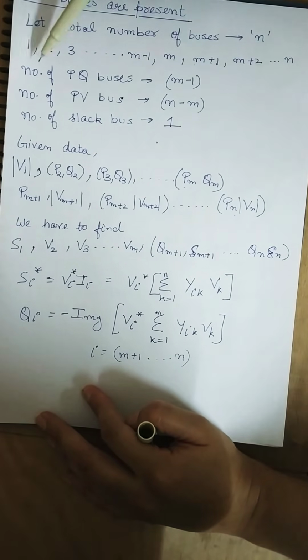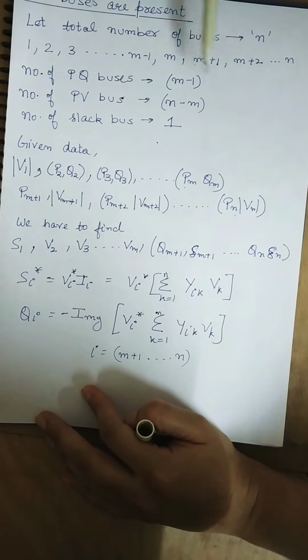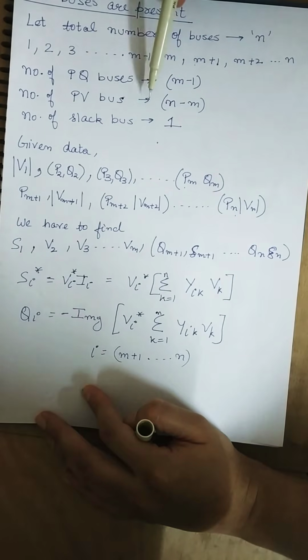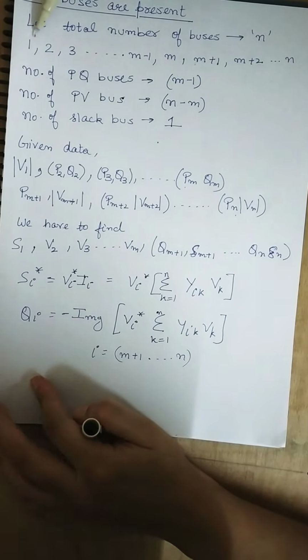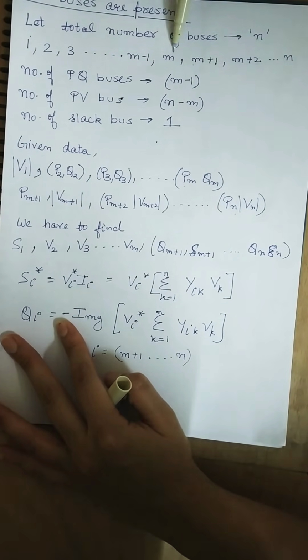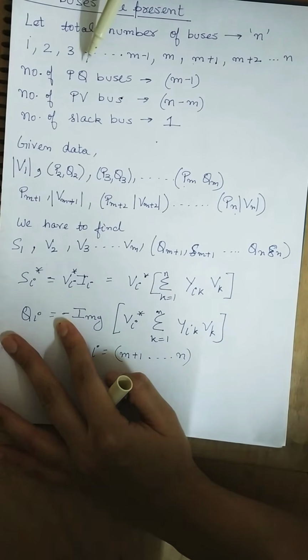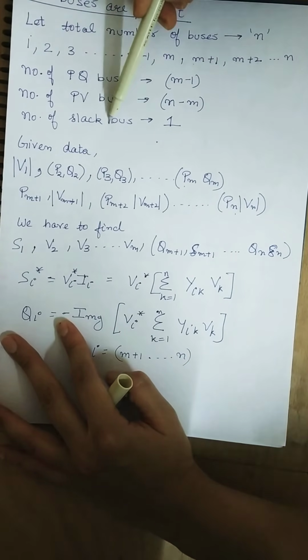For example, here we consider that the number of PQ buses will be m minus 1, and the number of PV buses will be n minus m. As we see from here, 2 to m will be the PQ buses, but the first bus I am considering as slack bus.